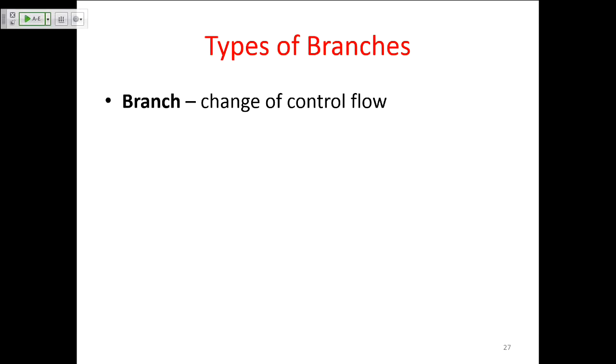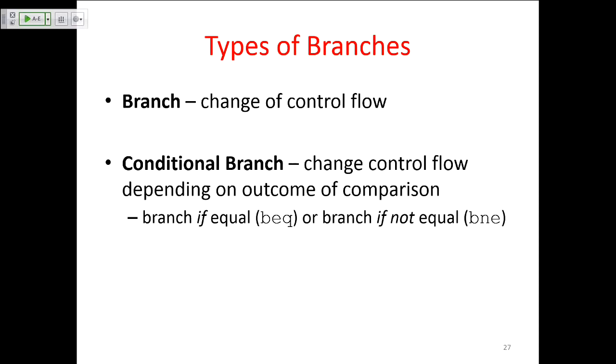So here are a few types of branches that we're going to cover. A branch is a change of the control flow. I'm going through my instructions one by one, and all of a sudden, based on some condition, I don't want to execute the next instruction, so I jump and change my control flow. This is called a conditional branch.